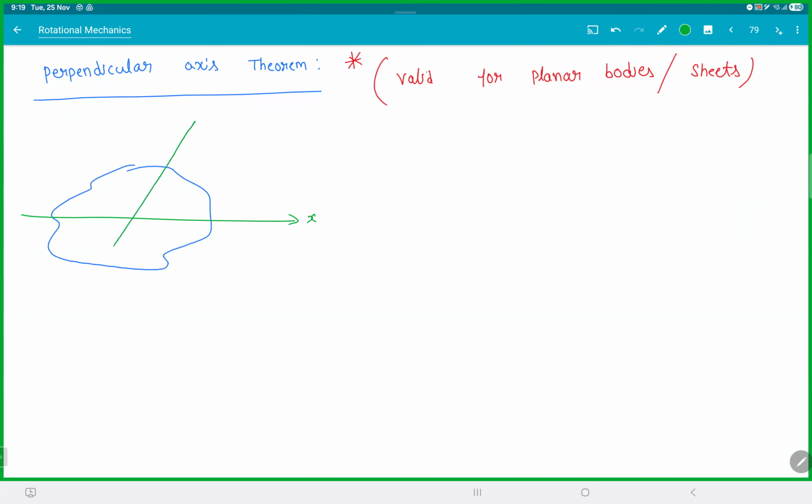let's say this is the x-axis, this is your y-axis, and let's say this is your z-axis. So what this theorem says is the moment of inertia about this axis is equal to Ix plus Iy. So let's define what z, x, and y are properly. Iz is the moment of inertia about an axis perpendicular to the plane.